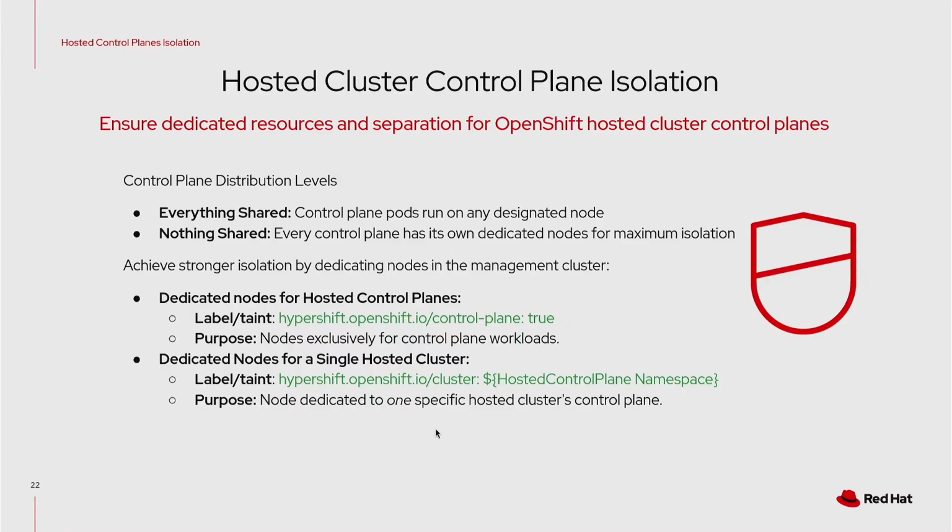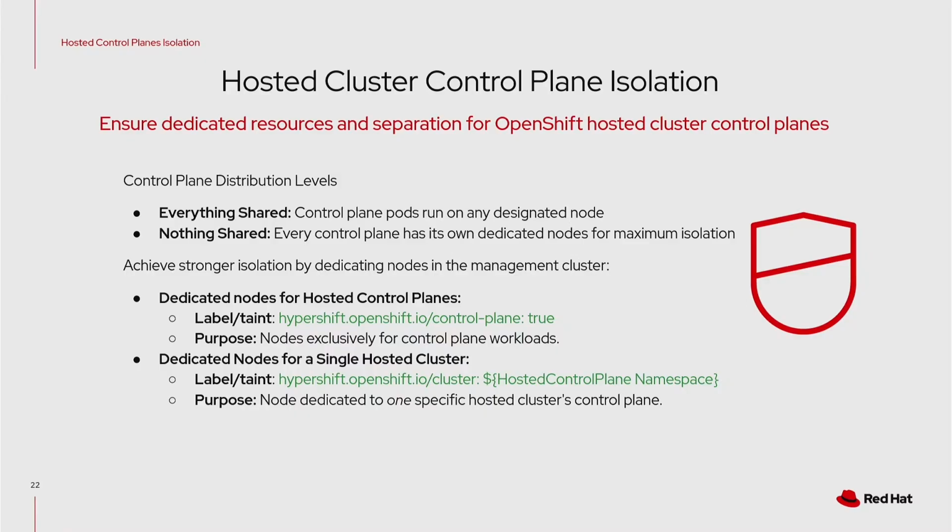So let's talk a little bit about hosted cluster control plane isolation. You can get granular with this if you have to, and that's going to depend upon your organization's policies, especially around security and what you want shared and what you don't want shared. In the examples I was showing and the examples I've done in my lab, I've done everything shared. I don't try to make those control planes run on specific nodes or segment them out.